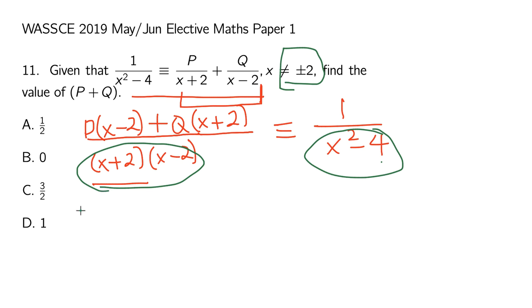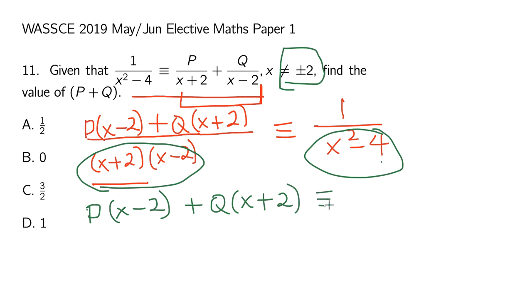So the identity we are dealing with is this: p times x minus 2 plus q times x plus 2 is identical to 1.